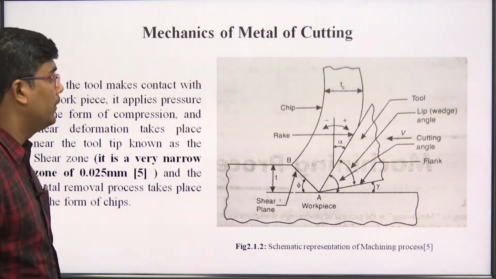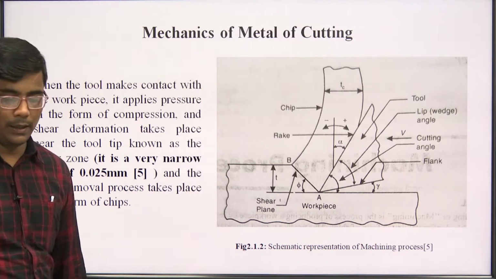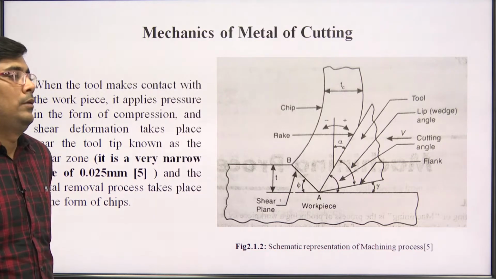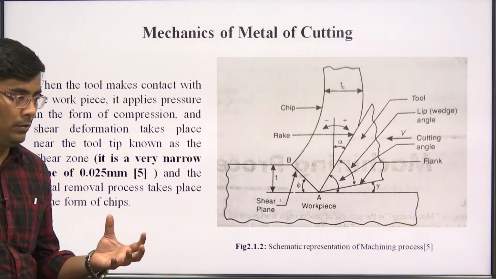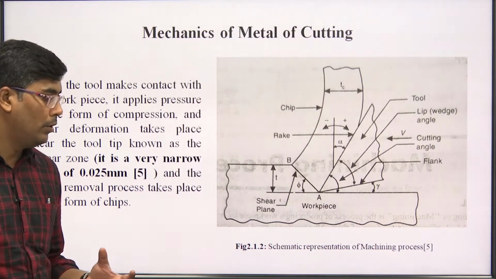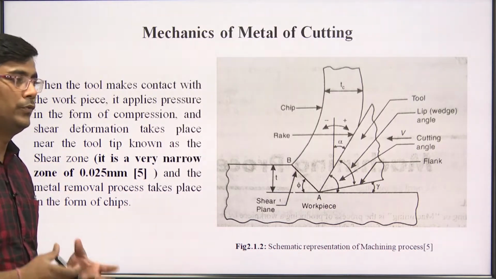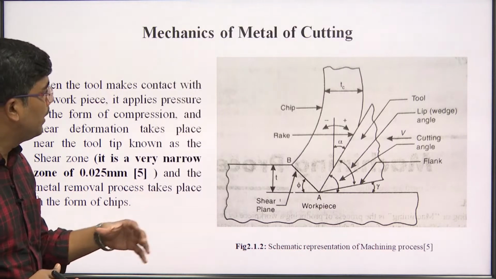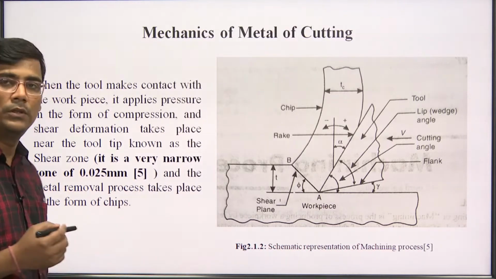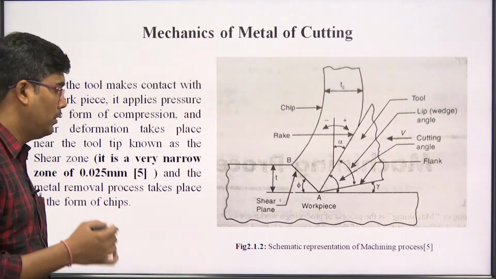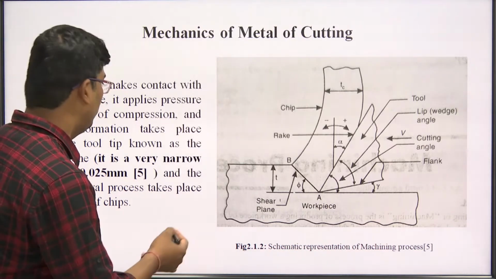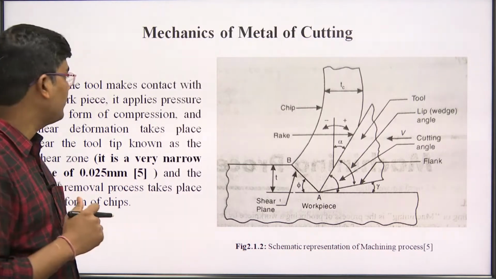Now, here we discuss the mechanics of metal cutting. Mechanics of metal cutting includes various types of angles and forces during chip formation. Chip formation is not an easy task. It is not a simple phenomenon by which we obtain the chips.